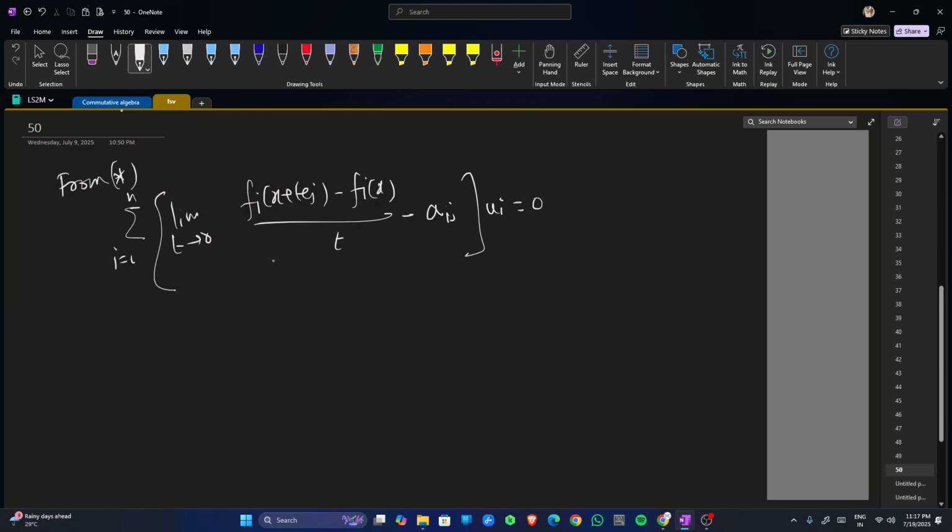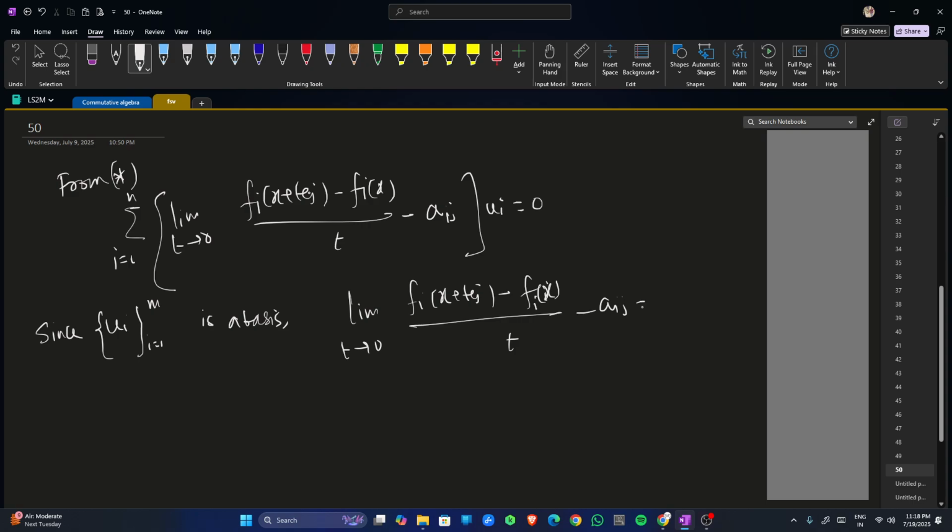Now the ui's form a basis, so these coefficients are 0. Since the ui are a basis, the limit t tending to 0 of fi of x plus t ej minus fi of x by t minus aij, this whole thing is 0.